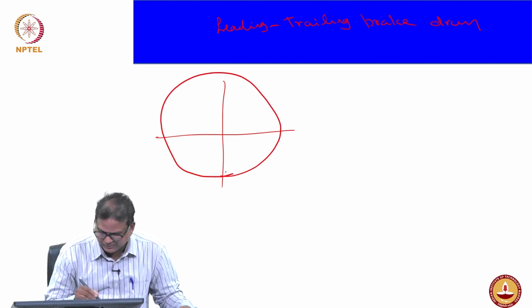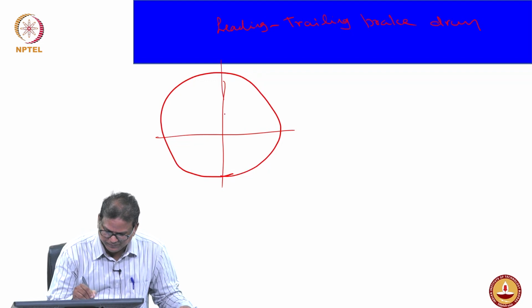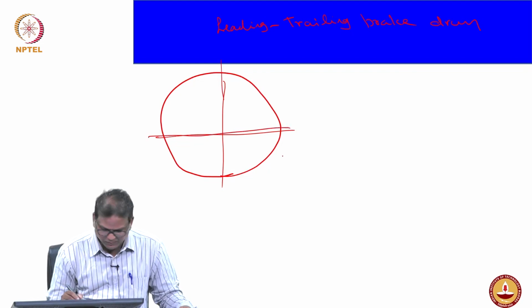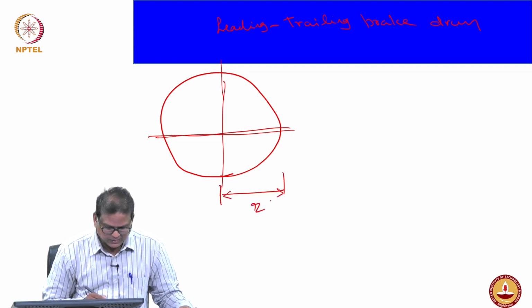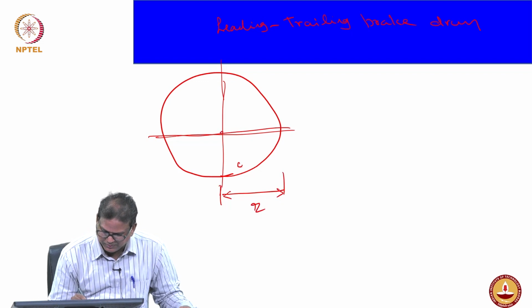This is your drum, with drum radius R. I am sure you know this is the pivot.